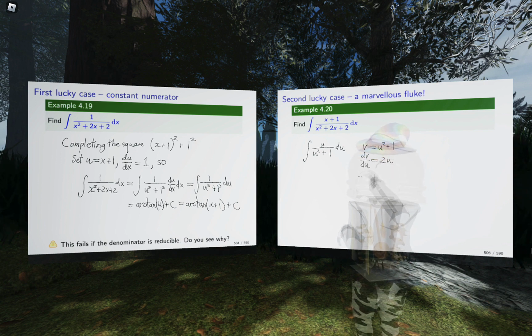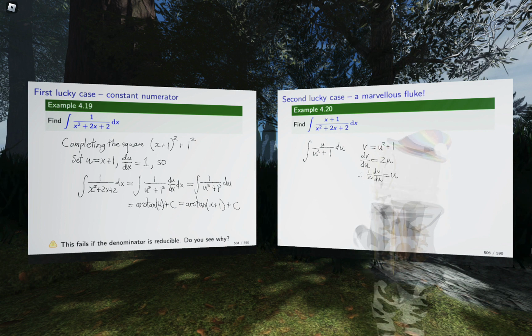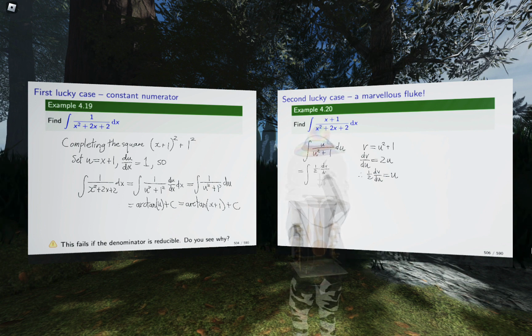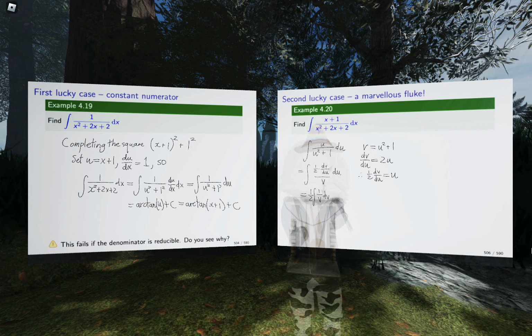So therefore, half dv du is u. So this is half dv du on v du. So integration by substitution makes this this.